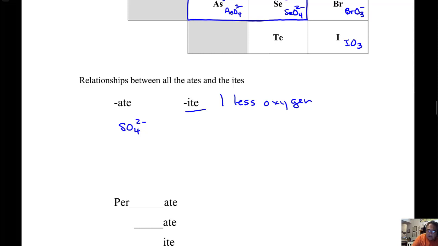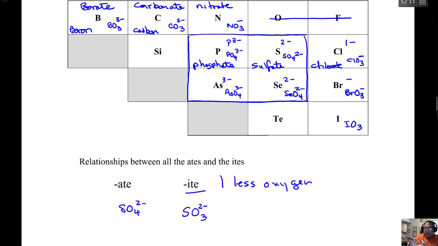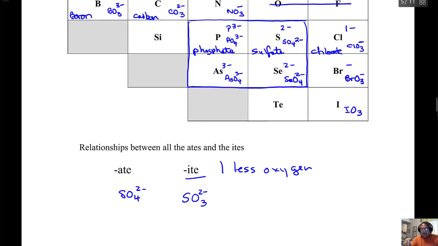So it's still going to be S, it's still going to be O, it's still going to be 2 minus, but now it's just a 3. So now you have the ability to do this for borate, carbonate, nitrate, all these guys, and then you can always do all the ites. Okay, so the ites, you just take 1 oxygen off, and the rest is the same formula.